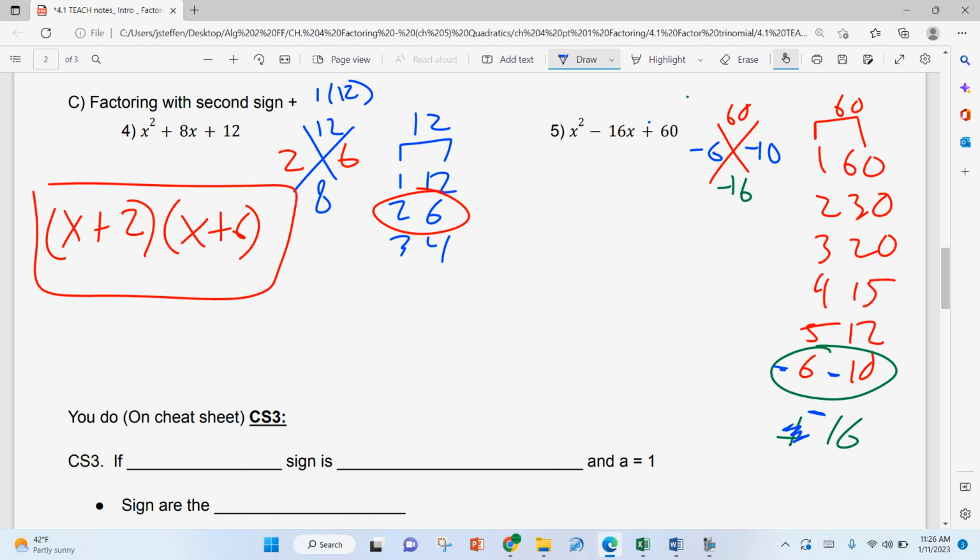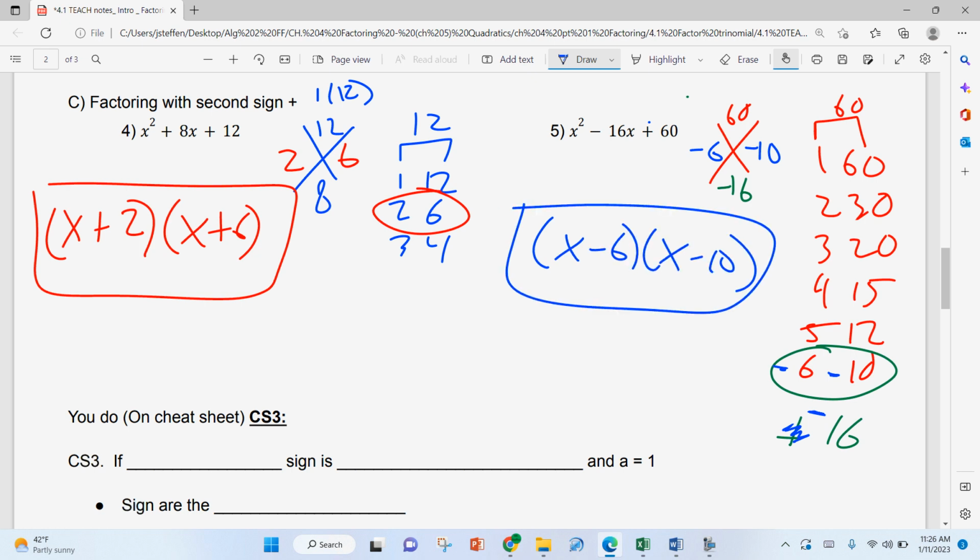Once you've done that, again, there's no leading coefficient, so your answer is going to be x minus 6, x minus 10. If there was a leading coefficient, we'd still have a couple more steps. Since there's not, that is your answer.